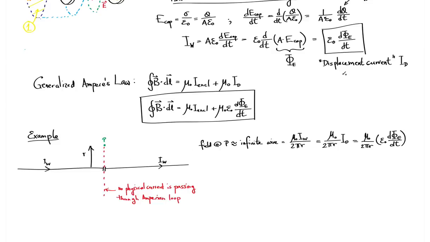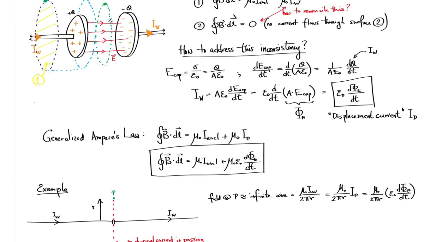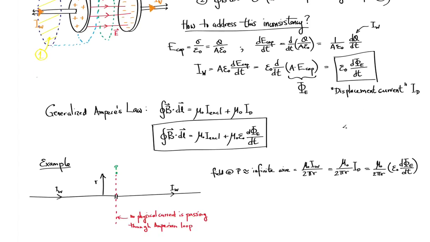Since the total displacement current through these capacitor plates is equal in magnitude to the current flowing through the wire, it makes sense that we can just replace I_W with I_d. So this has something to do with the time varying field through the capacitor.